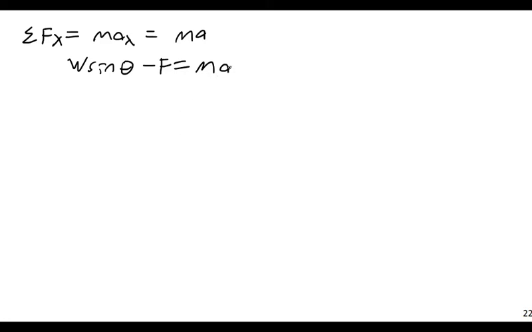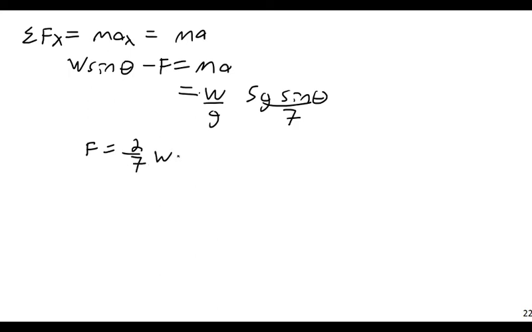And I know what A is, so I can say that ma is just W over G times 5G sine theta over 7. And this is then also equal to W sine theta minus F. And so here then I can solve for F, and I will get that F is equal to simply 2/7 W sine of theta.